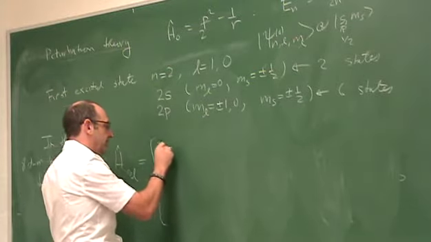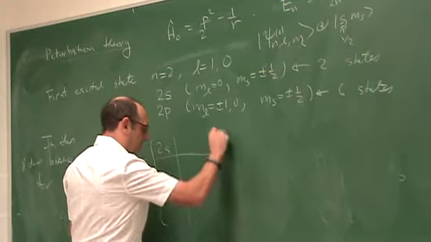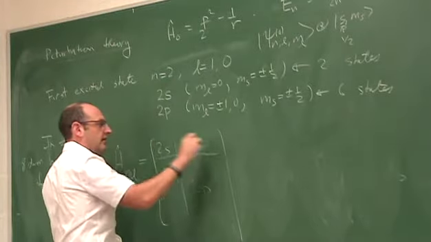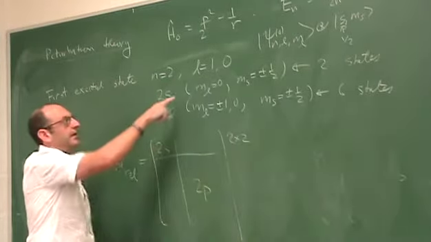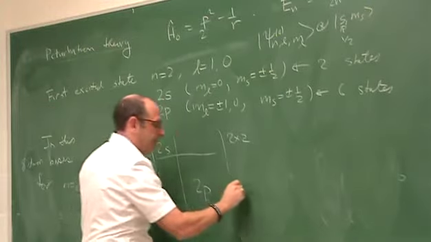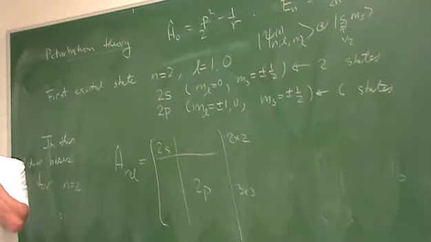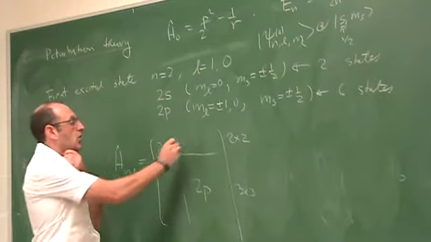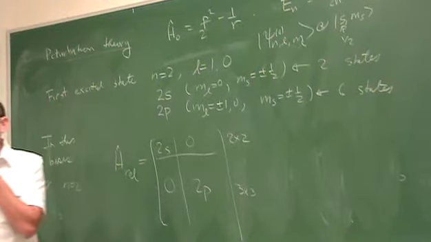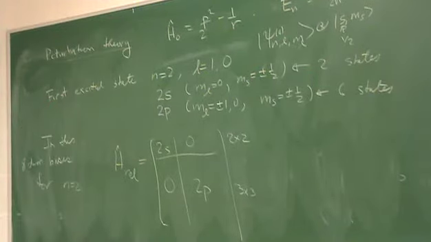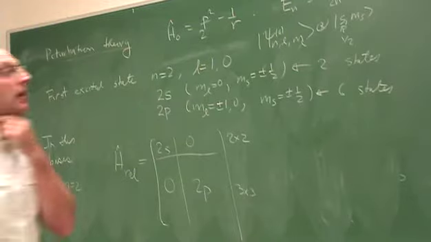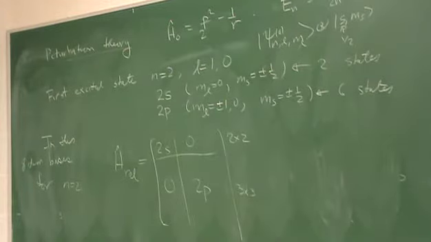It's a 2x2 matrix associated with these 2 states, and it's a 3x3 matrix in this state. And there's no off-diagonal elements between these, as we'll see in a moment. So we then just need to diagonalize this.